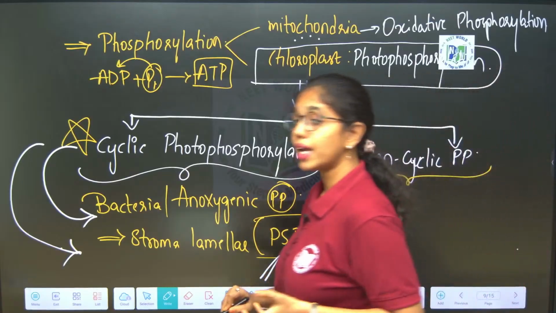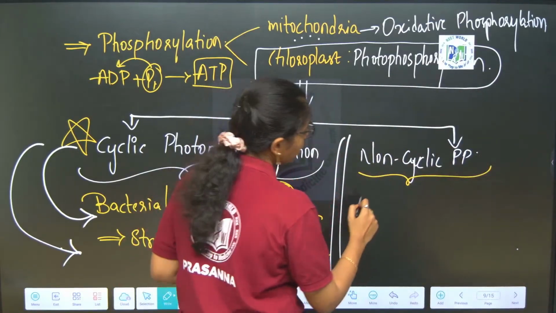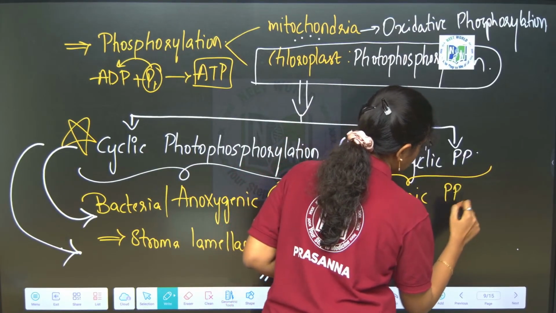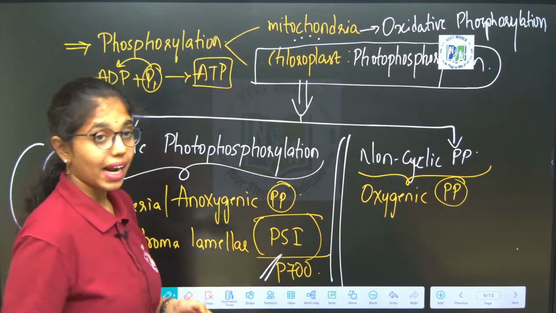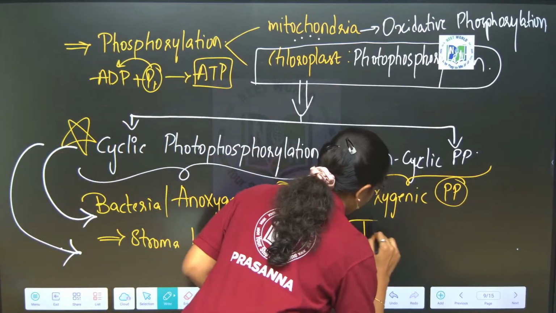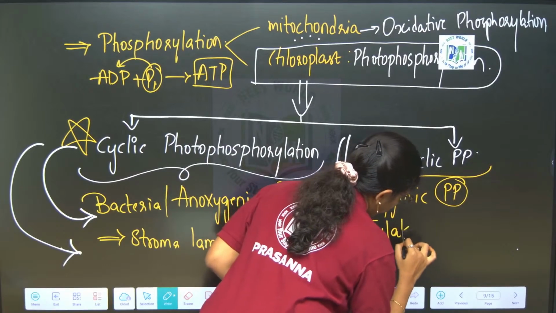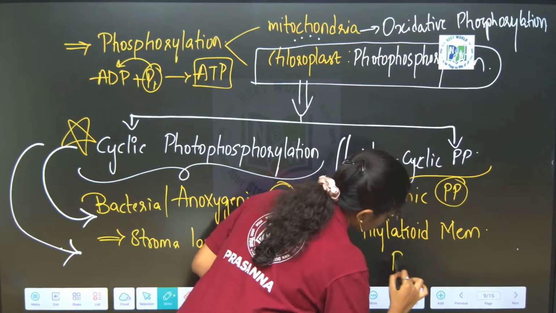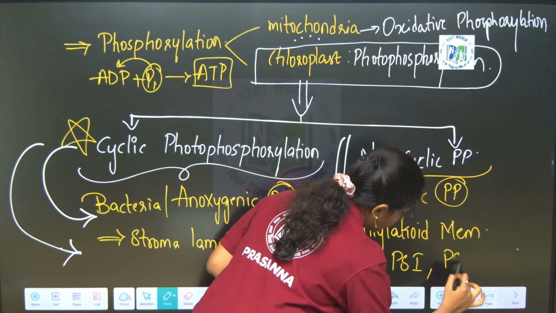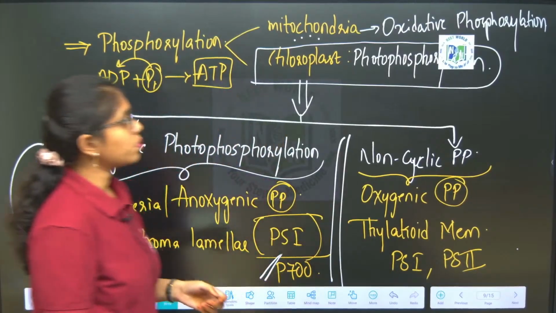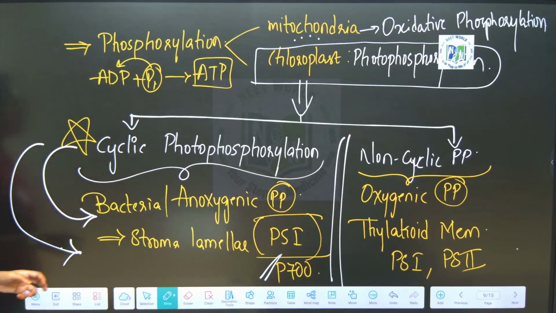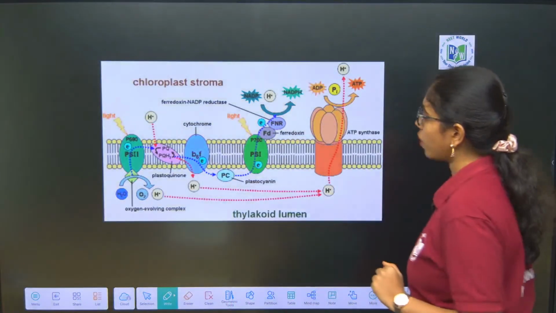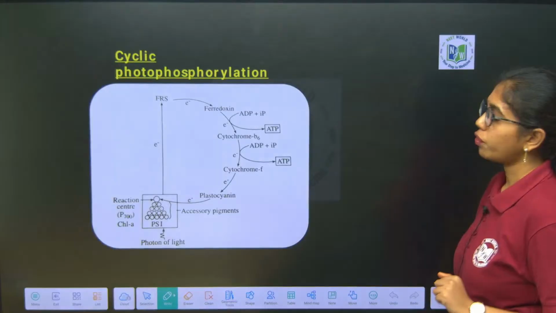This occurs in higher plants, in oxygenic photosynthesis, in the thylakoid lamellae or thylakoid membrane, where two photosystems are involved, that is PS1 and PS2. Now let us learn both in detail.